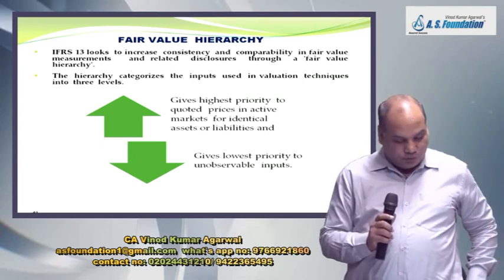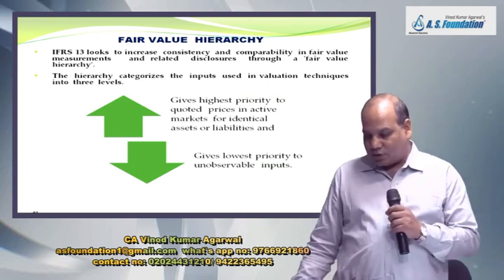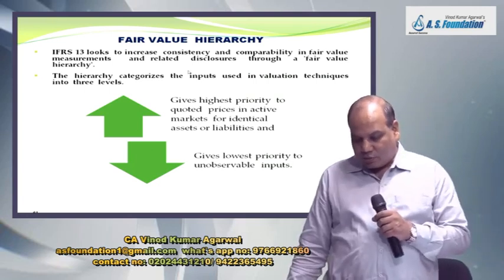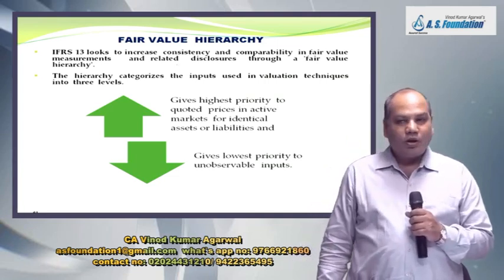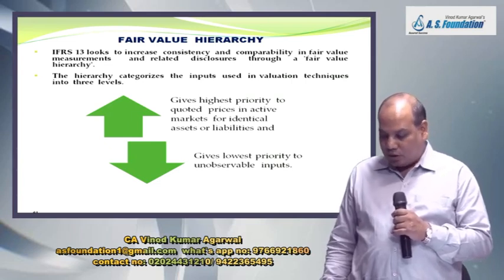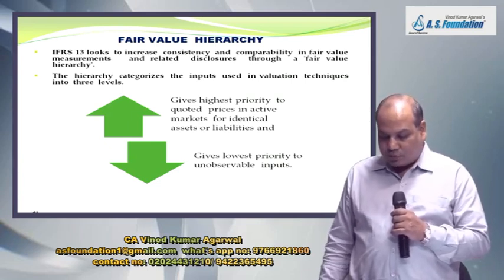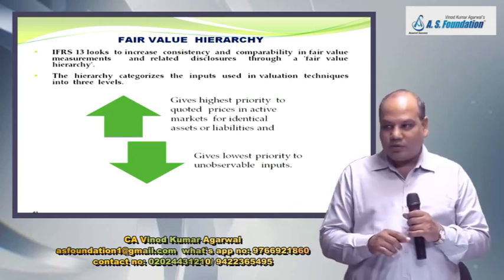Now we'll come to fair valuation hierarchy. Sir, what is fair valuation hierarchy? It means which input we will give more priority and which input we will give least priority. So there are three levels of input: level 1, level 2, level 3.